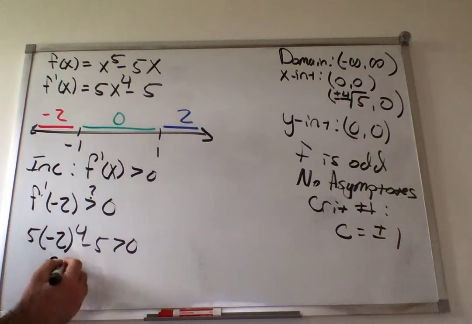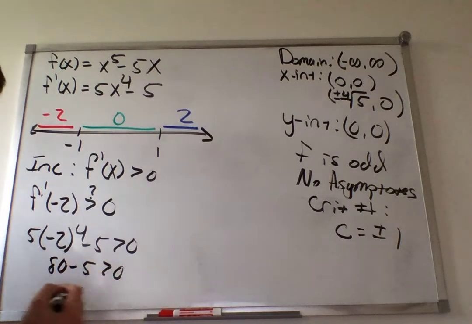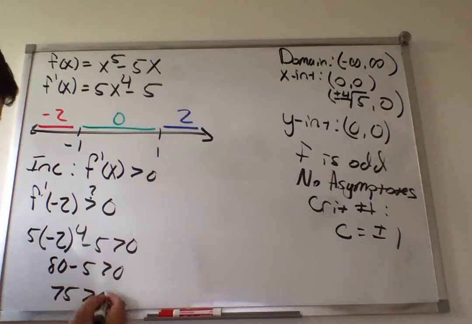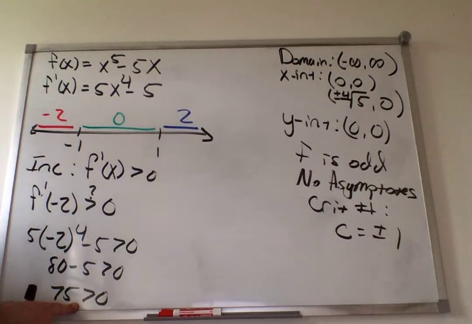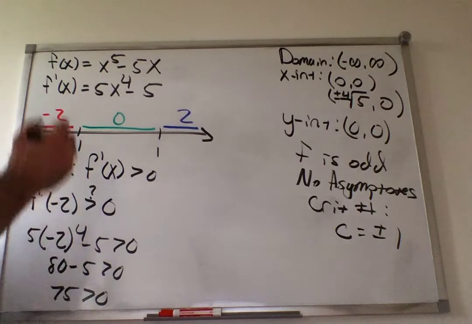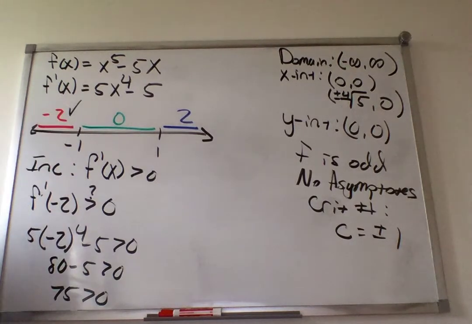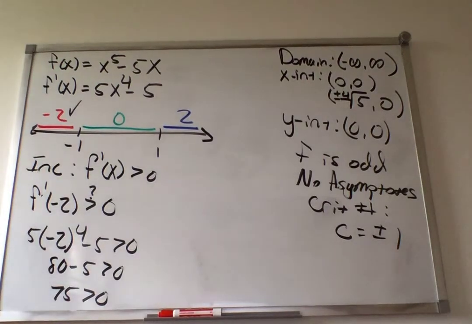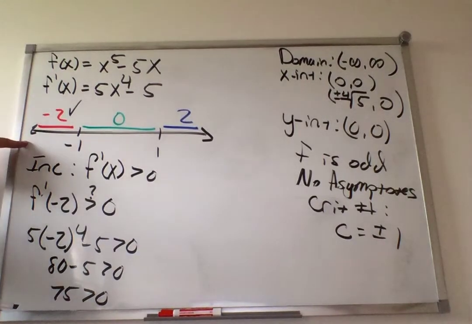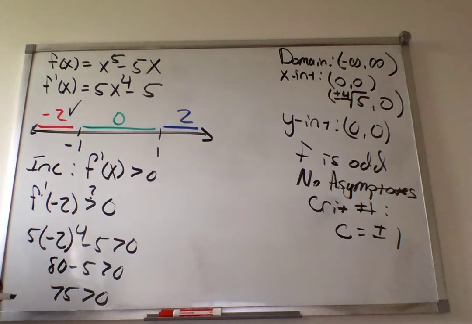So we get 80 here, minus 5 is greater than 0. We get 75 is greater than 0. Is 75 greater than 0? It is greater than 0. So this interval right here worked. Okay? So we know we're increasing from negative infinity to negative 1.